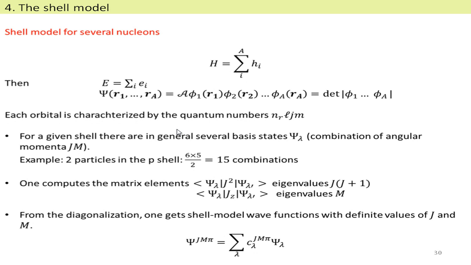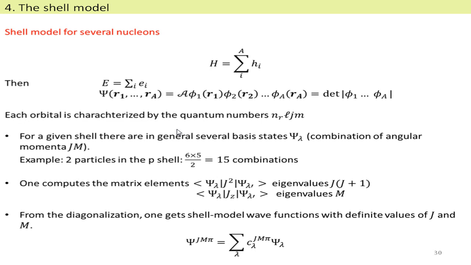If you have two particles in the P shell, you know that in the P shell there are 6 functions, 6 possibilities. And how many functions can you build with 2 orbitals in 6 possibilities? Well, this number is 6 times 5 divided by 2. So it means that you can construct 15 Slater determinants which correspond to 2 particles in the P shell.